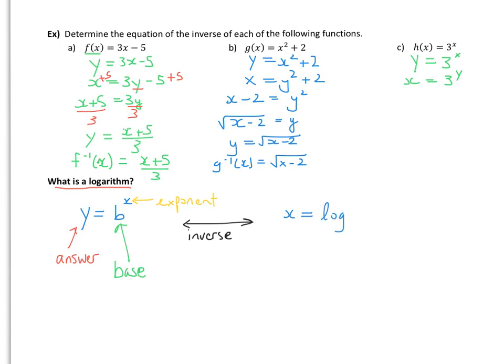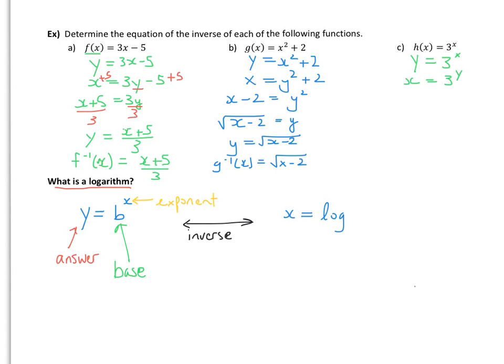If you look on your calculator, you should have a button that says log. It's short for logarithm. It's the logarithmic function, just like sine is a function. You're always doing the sine of something. We're doing the log of something. And that something would be the answer, which is y, and it's also known as the argument.